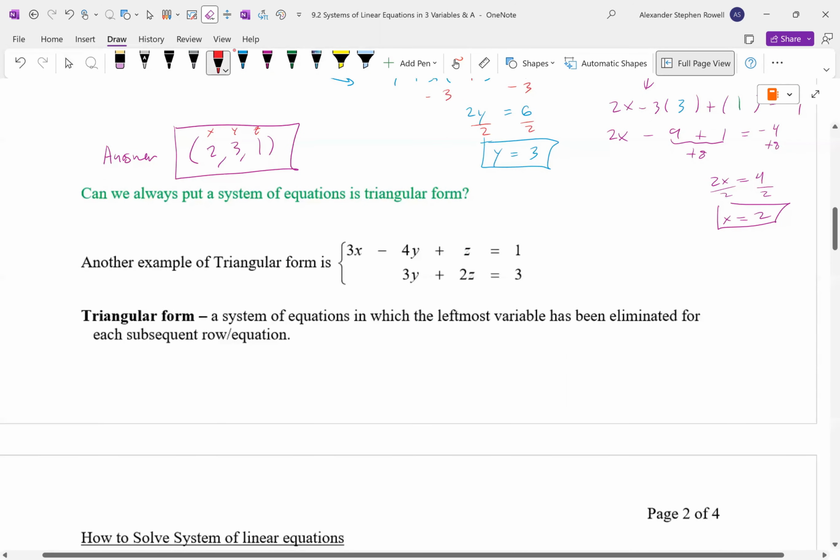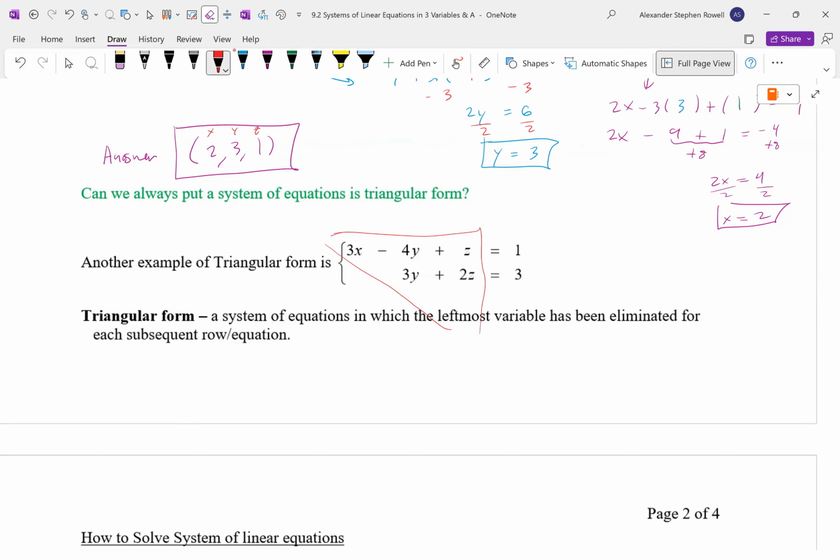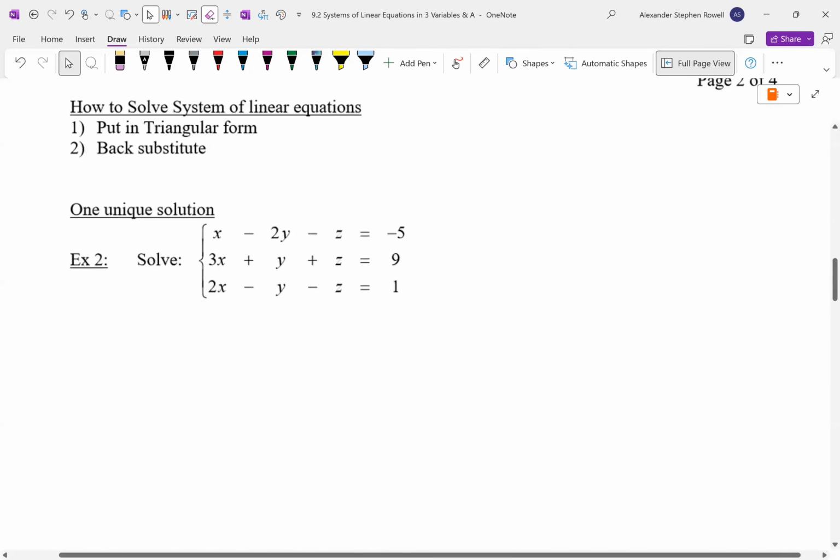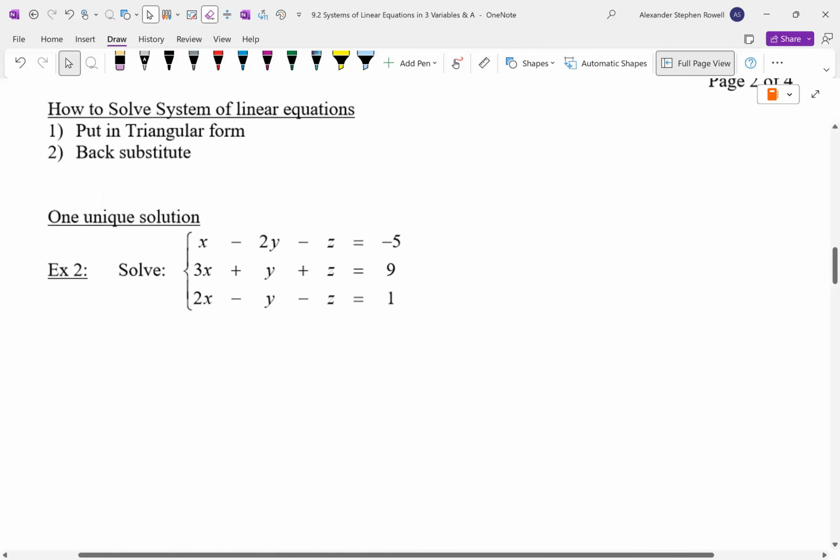This is also considered triangular form, even though it's missing the third equation: a system of equations in which the leftmost variable has been eliminated. We eliminated the x variable, so it's still triangular form in each subsequent row. We're going to try to get triangular form by eliminating one variable at a time systematically.